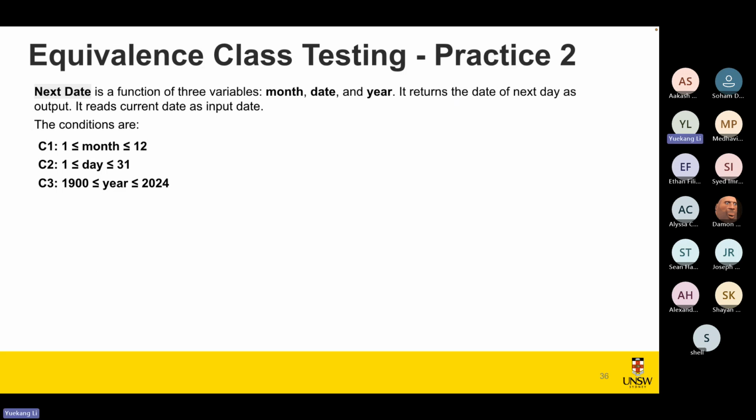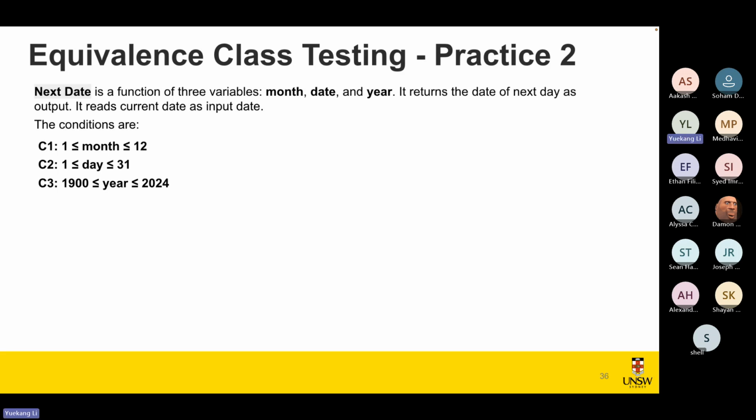So now let's consider this function here. This function is known as next date, and it accepts 3 integer values, month, date, and year, and it reads the current date as input and returns the date of the next day as output.